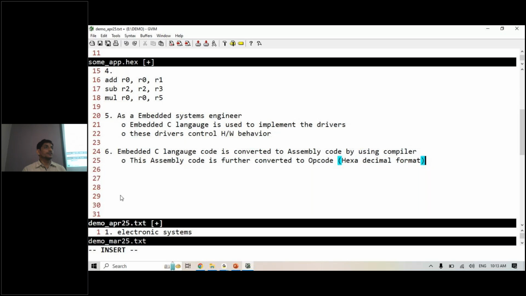When an application or a driver needs to be run, it's that code, that hexadecimal code, the opcodes, that gets loaded into a memory.